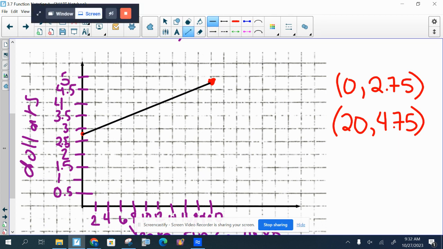That's what that should look like. You can sit anywhere today.